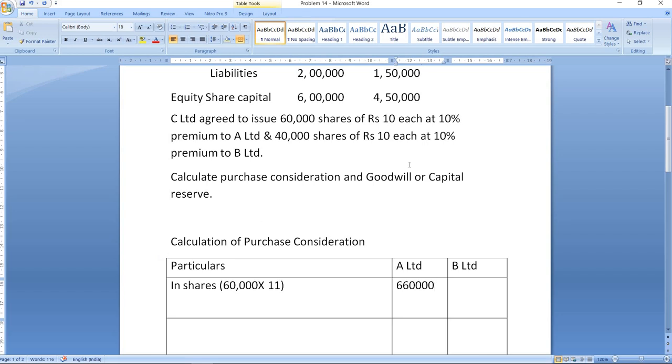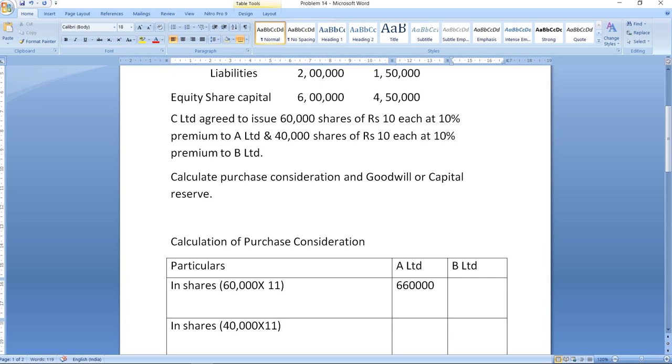Now similarly, the purchase consideration for B Limited, even that is in shares. So what is the shares issued for B Limited? It is 40,000. So 40,000 into face value of shares is 10, but even this is issued at a premium of 10%. That means for 11 rupees.